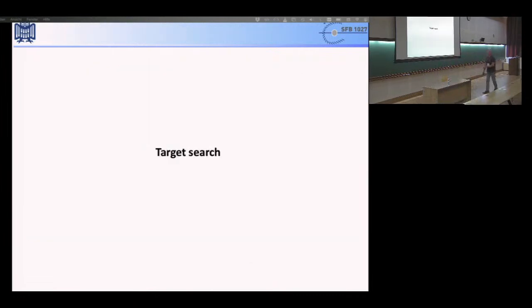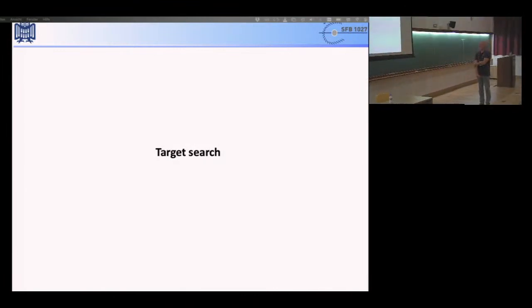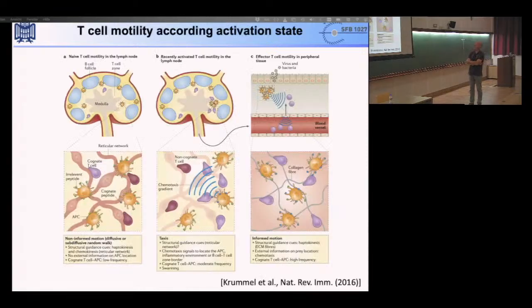Okay, so target search. Now assume that the T cell has been activated, or you have a natural killer cell. They have to search for targets.